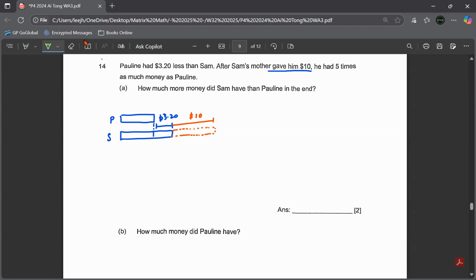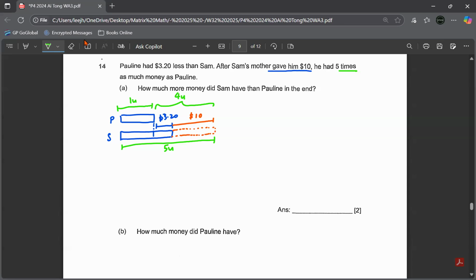Sam got 5 times as much money as Pauline. So this whole thing, 5 units. Pauline, 1 unit. So if you look at this, you can see there's a difference here of 4 units. So A is asking me, how much more money did Sam have than Pauline in the end? So this is the difference in the end.